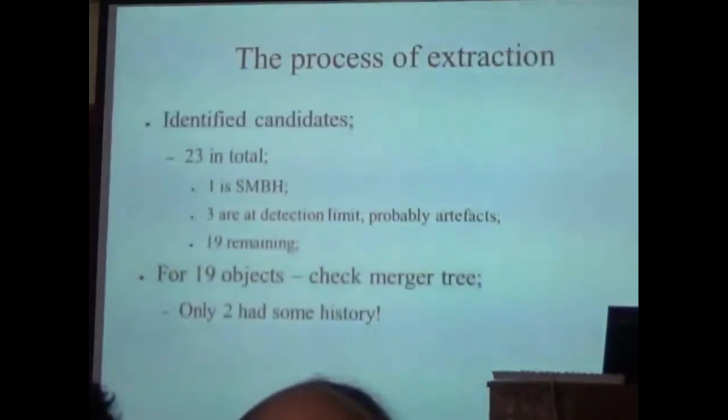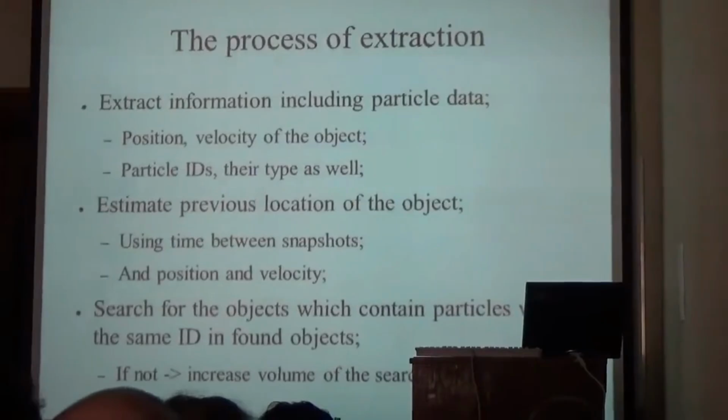And those 2 objects helped us check and create the merger tree for those objects themselves. Because if we didn't find any, we would just say this is all numerical artifacts. Those 2 gave us enough motivation to go on. So basically, we extracted the information including the particle data.